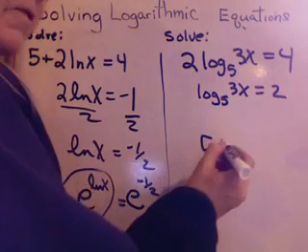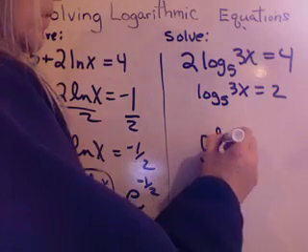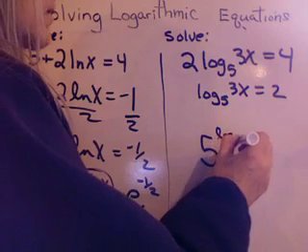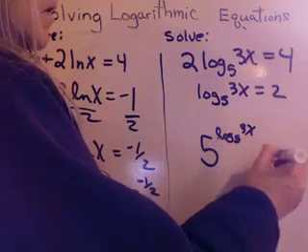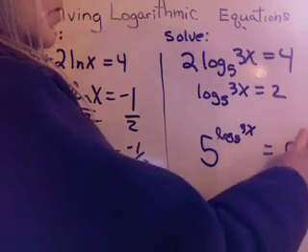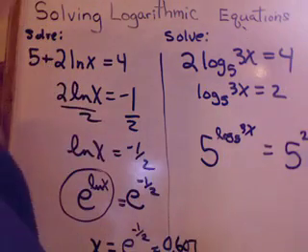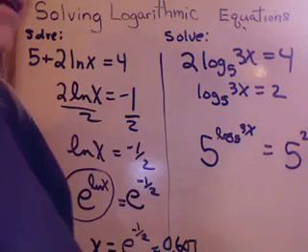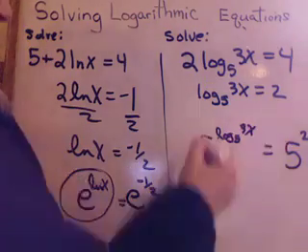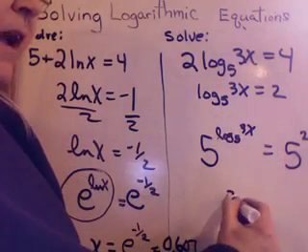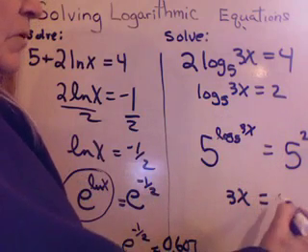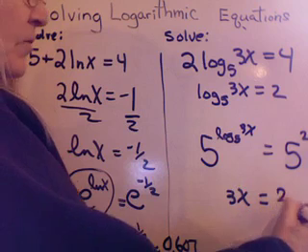So 5 to the log base 5, 3x equals 5 to the 2. So I used a base of 5 for each side. Now, by that same log rule, this answer is 3x equals 5 squared, 25.